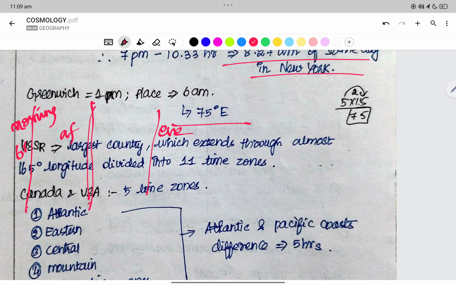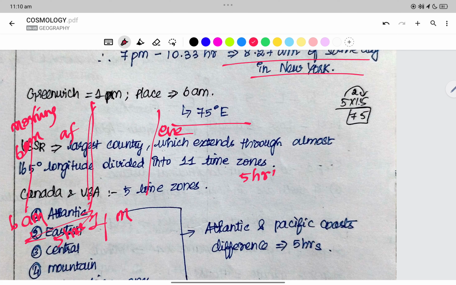Now we have 6 p.m. is 6 a.m., right? If it is 1 p.m. over here, this is 6 a.m. The difference is 5 hours, right?